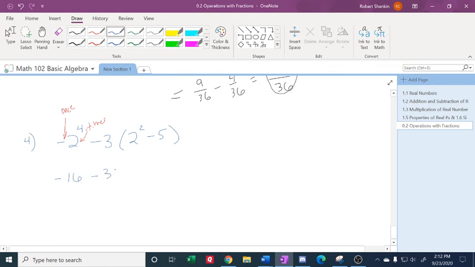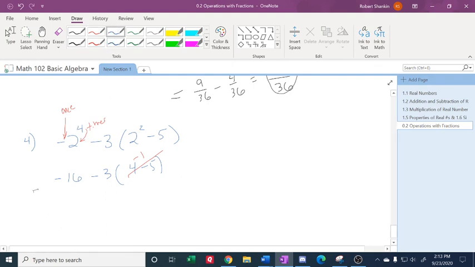Minus 3, we're going to go inside the innermost parentheses. 2 squared is 4, minus 5. Now, 4 minus 5 is the same as negative 1.